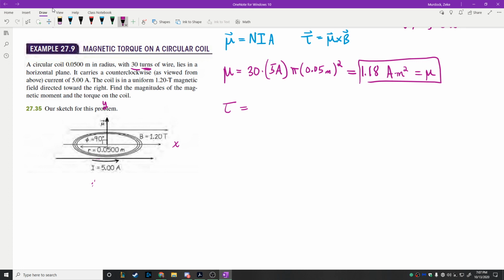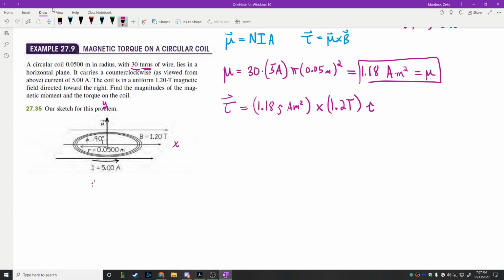Then our magnetic moment would be 1.18 times j hat, amps meters squared. And the magnetic field, we're doing a cross product with the magnetic field, which is 1.2 Tesla, times i hat.